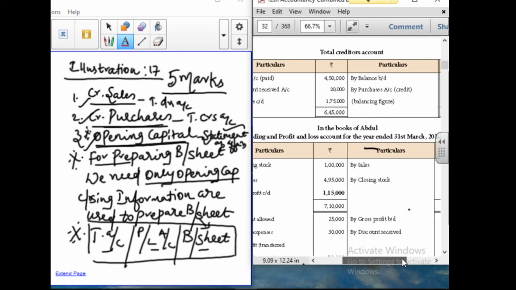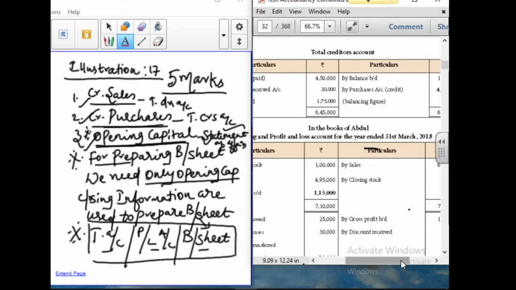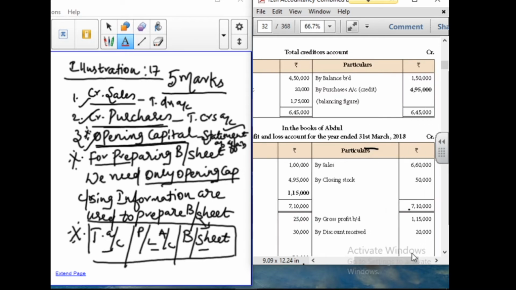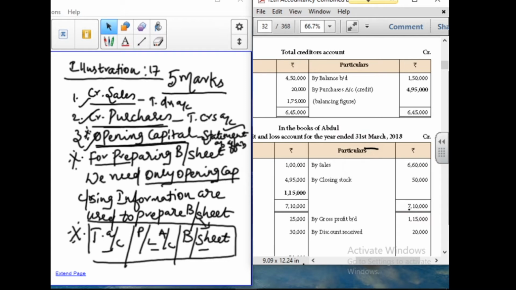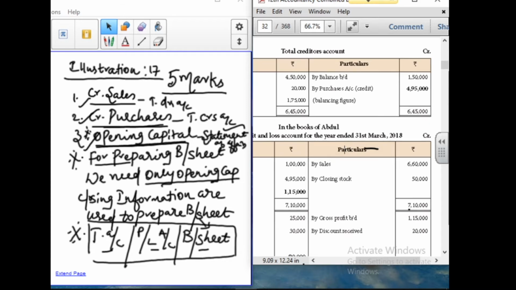If they had given cash sales also, then we would add both credit and cash sales. Here they have given only credit sales. So with this we are able to find out the gross profit.